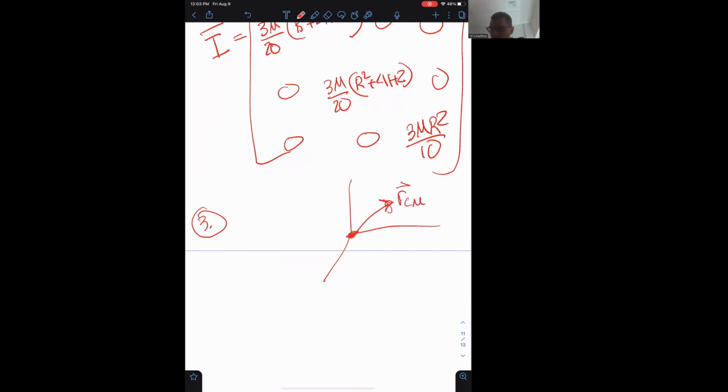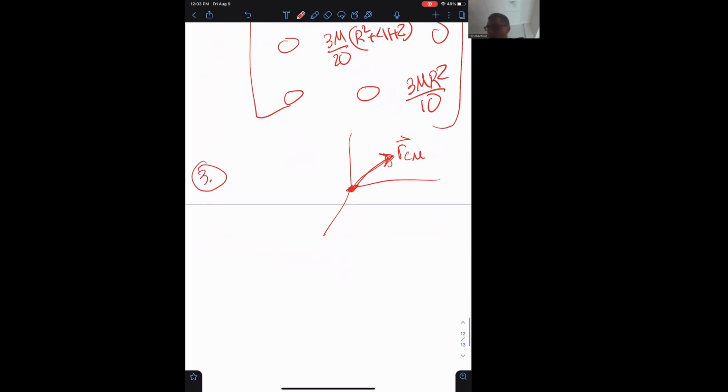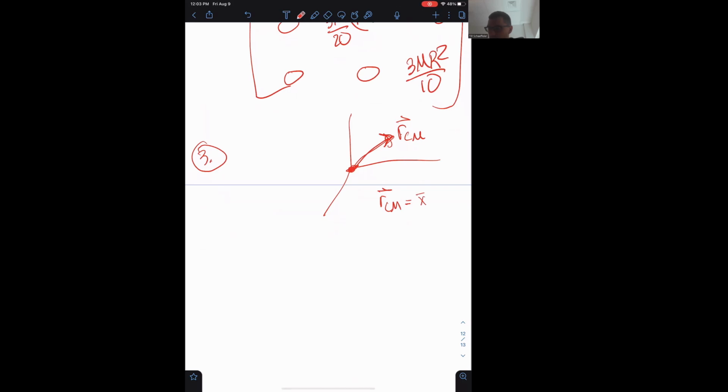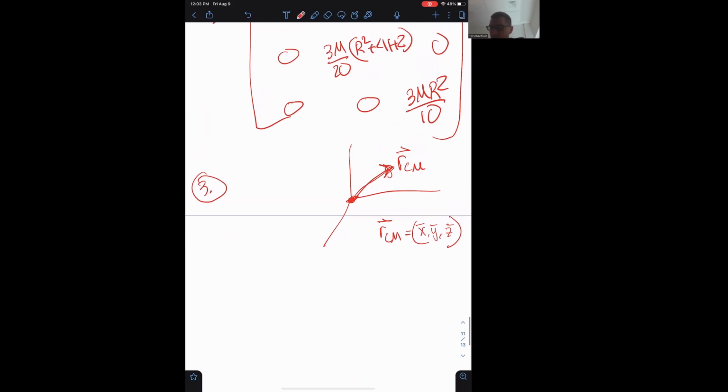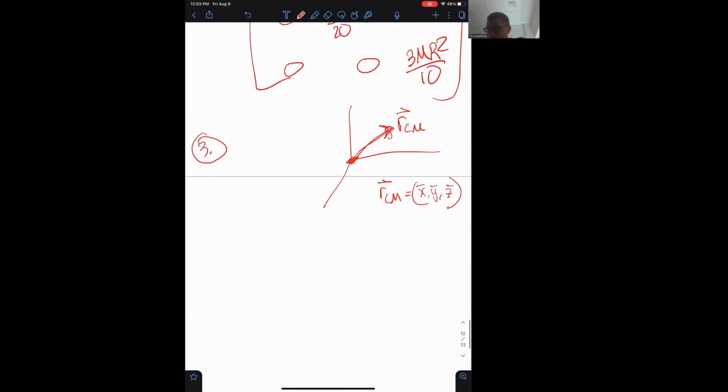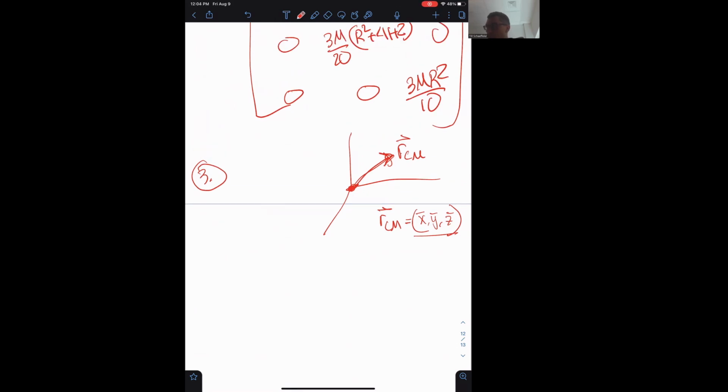So from the origin of our original coordinate system, where is the center of mass of the cone? The way we're going to do that is find the individual components of this vector, which I'm going to call x bar, y bar, z bar. Don't confuse this with the bar I put on the matrix. These are just the coordinates of the center of mass of the cone.